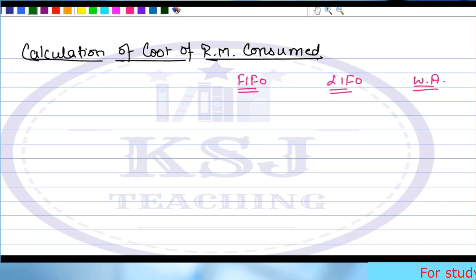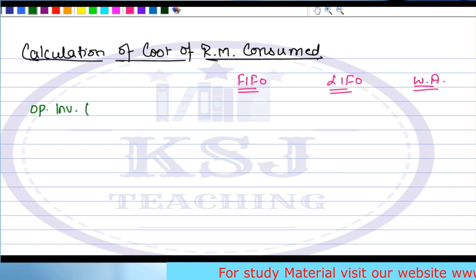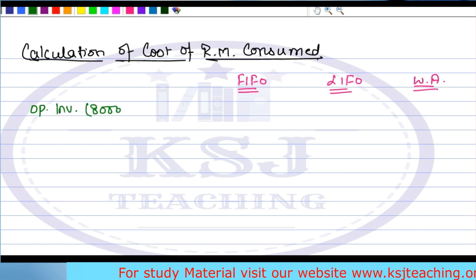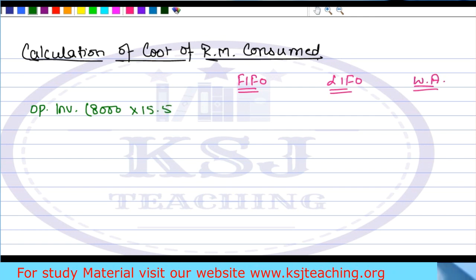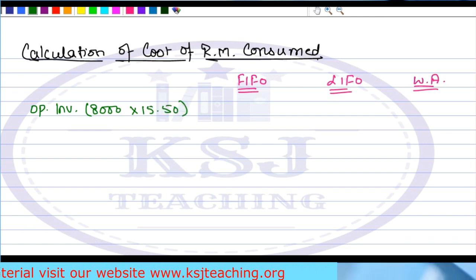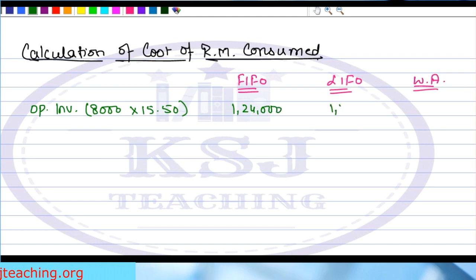First we take opening stock. Opening inventory is given to us: 8,000 units at the rate of 15.50. It will be the same under all the methods: 1,24,000, 1,24,000 and 1,24,000. Do check the calculations once.